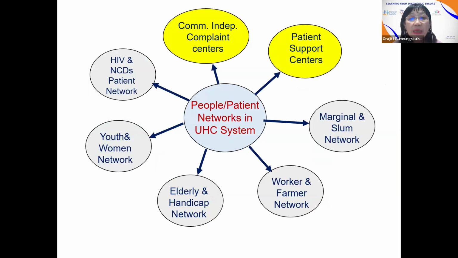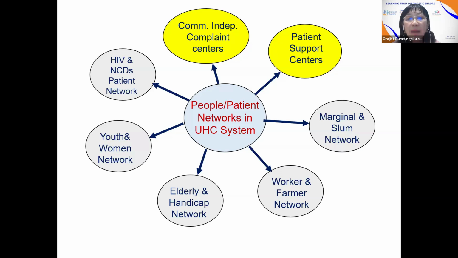This is the picture of the people and patient network in the system. I will talk mainly about the community independent complaint center network, which right now has 144 centers all over the country, and also the patient support centers that work closely with hospitals and healthcare units in the community.